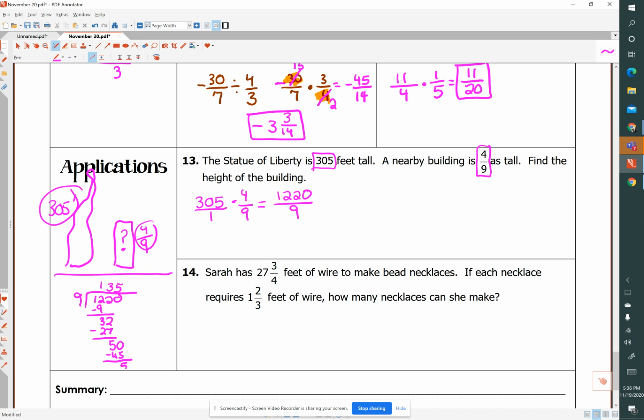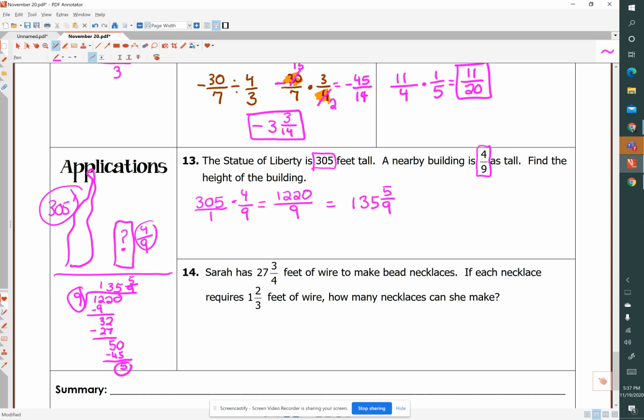We subtract. We have 5/9 left over. Remember, this is our new numerator. The 9 is our denominator. So 1,220 over 9 is the same as 135 and 5/9.